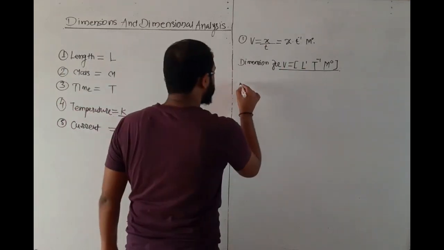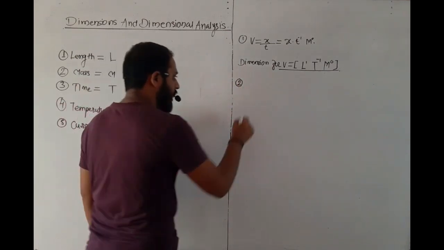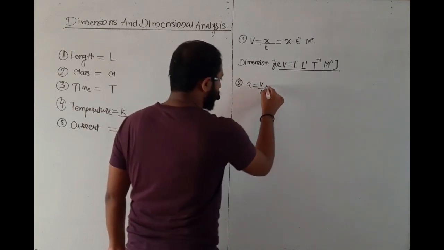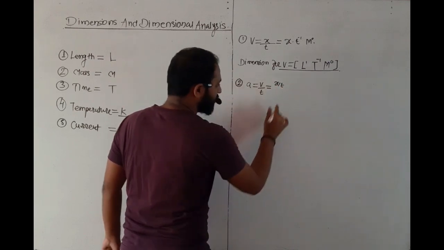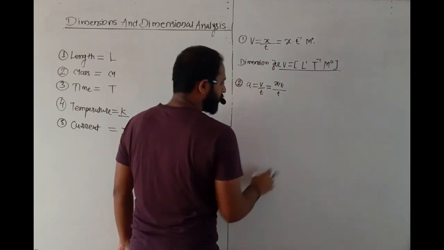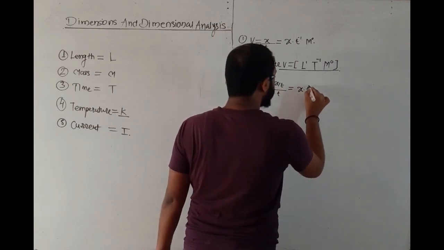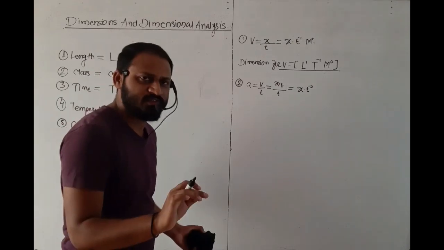We will see again. Now see, acceleration. Acceleration is what? Velocity upon time. But velocity is what? Displacement upon time, upon time as it is. Okay, इसको rearrange कीजिए. देखो क्या बन जाएगा? x into t minus 2. Here m is what? 0.